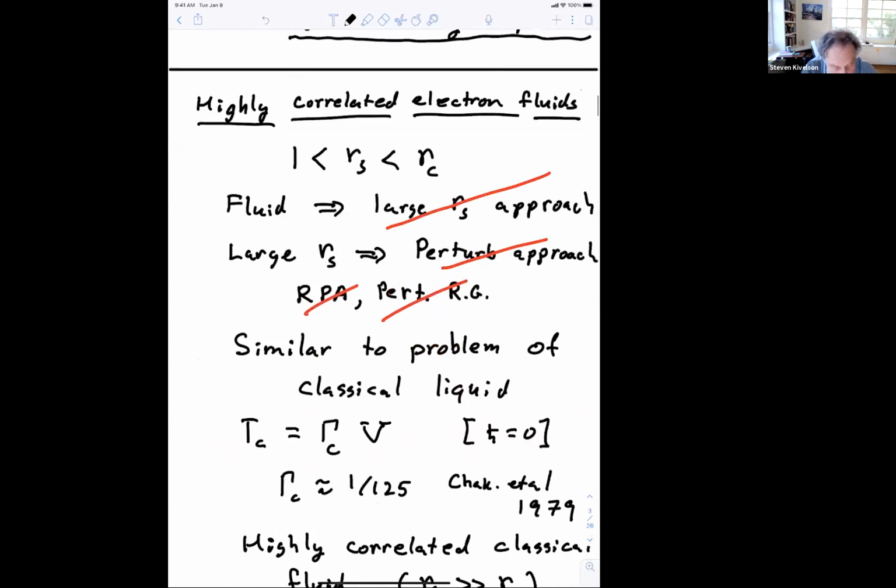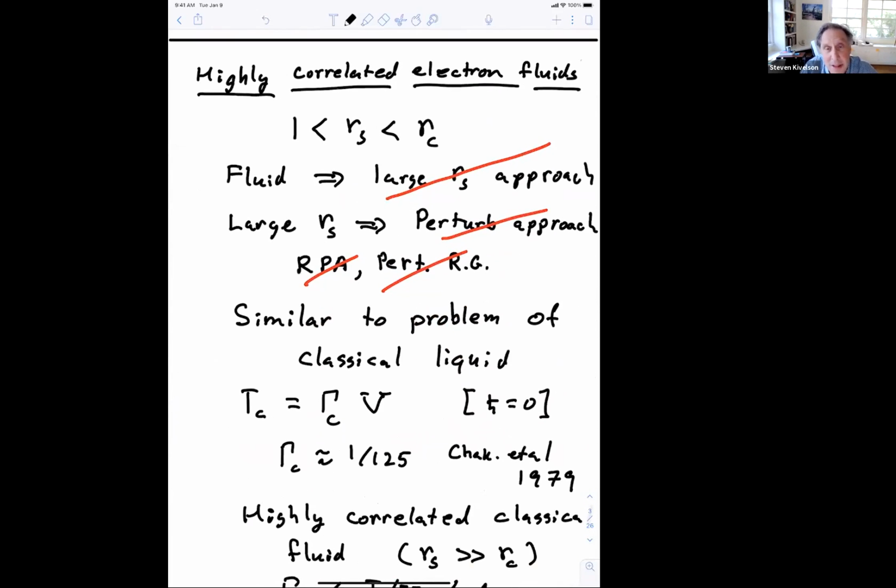It's important in the sense that it's the largeness of this critical r_c that's responsible for the existence of something called highly correlated electron fluids. So the point is that there's a broad range of r_s in which r_s is big compared to 1, but smaller than r_c. In this case, one has a fluid, and therefore one can't understand this by expanding about the large r_s limit because you're starting in a wrong phase of matter.